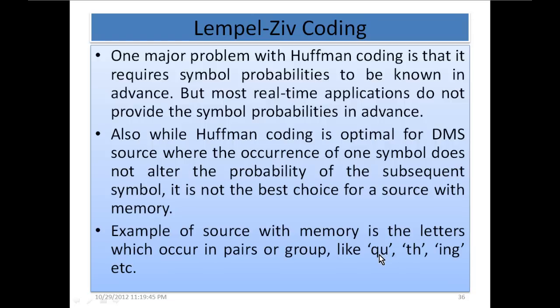U always comes after Q in English. So we know the dependence of U on its previous letter, that is Q. Similarly, for many words like this, that, and those, TH comes in combination, and ING is also mostly in combination for words which end in ING, for example going, coming, like that.